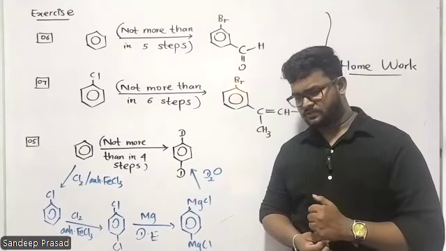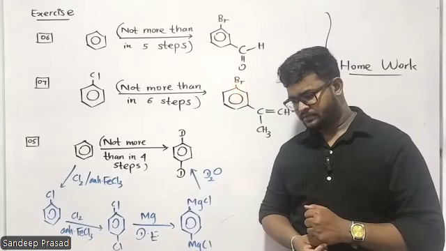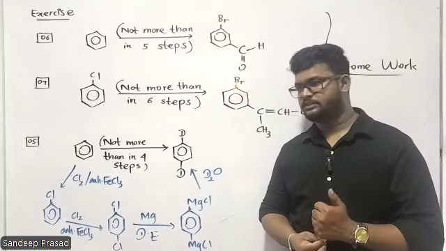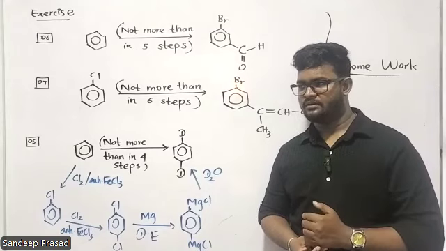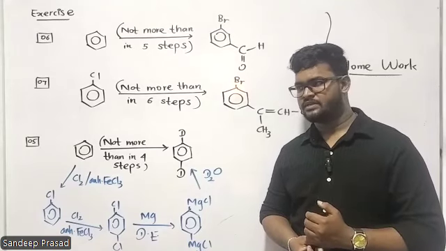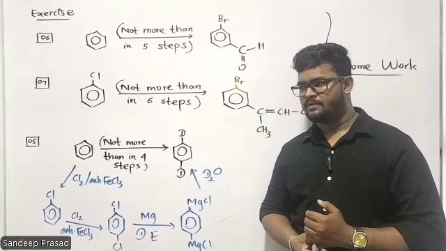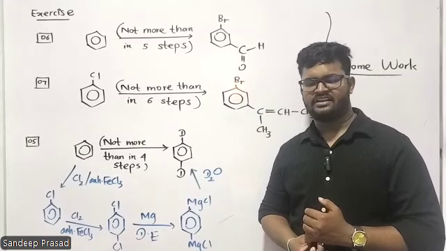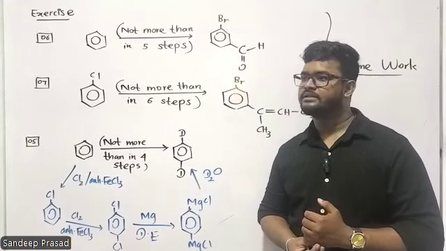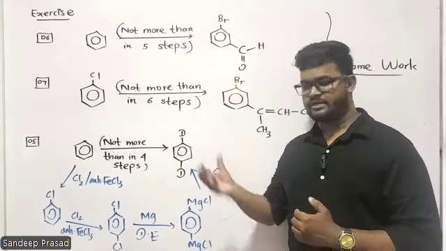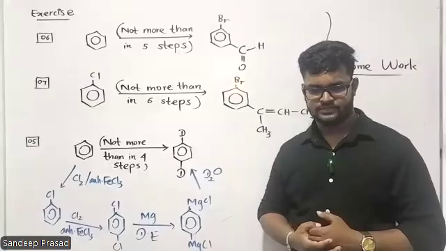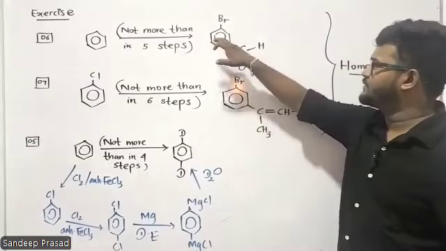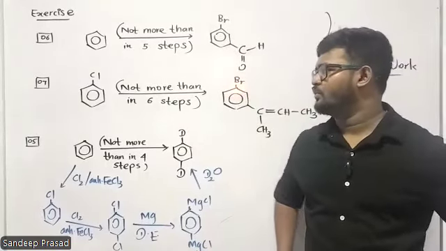Then we discussed halogenation of benzene and some reactions. Then we discussed ortho-para-directing ability and meta-directing ability. And we did some example reactions, conversions. So now you have to do these two conversions as homework.